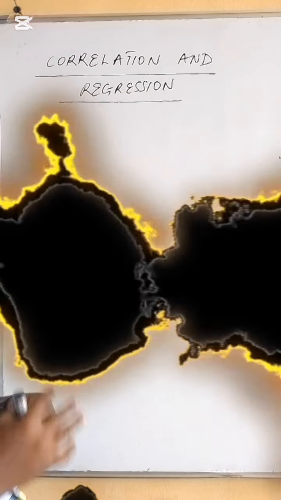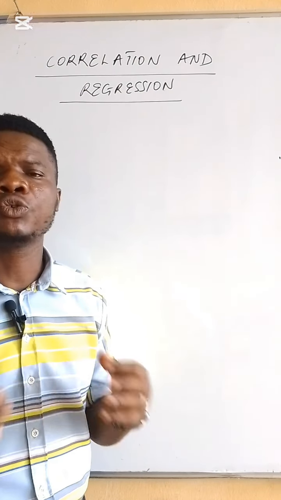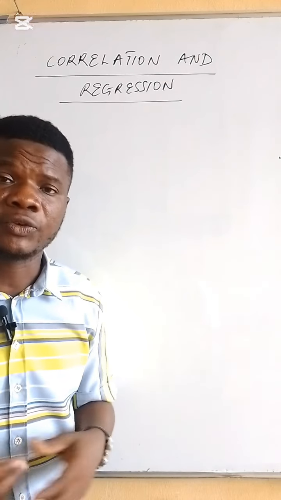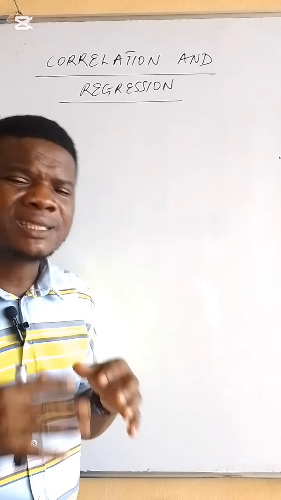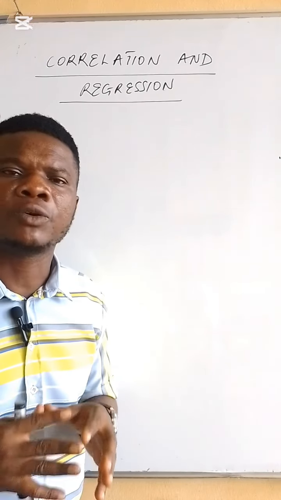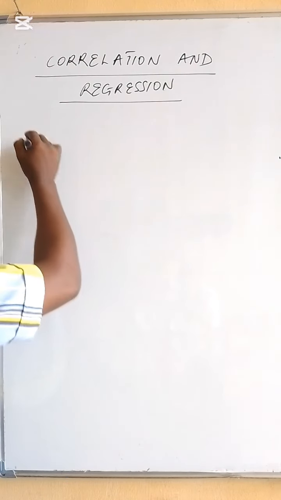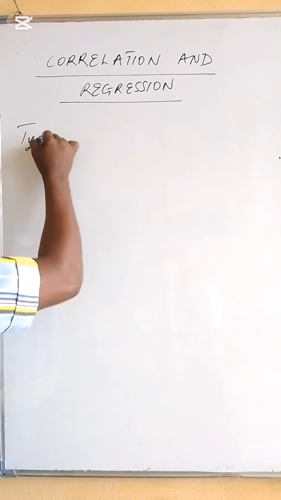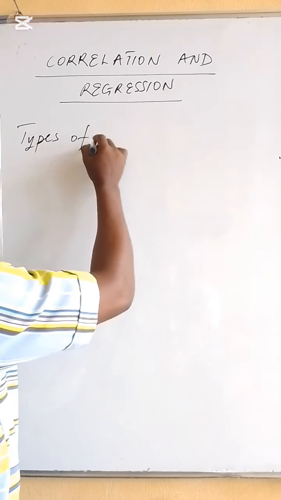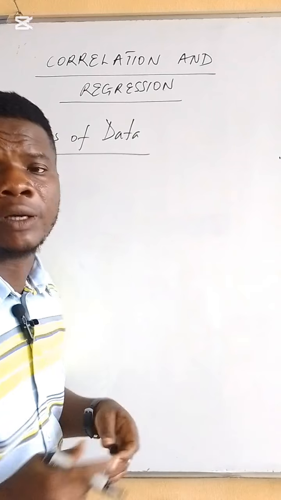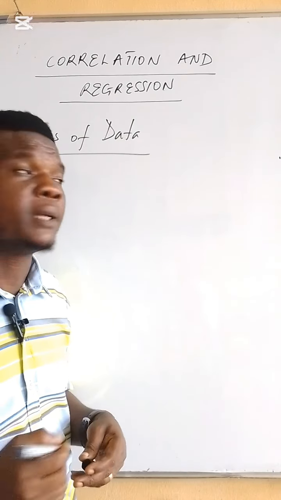Now, having said that about the difference between these two concepts, that of correlation and regression, let's now focus on what I'll be calling categories or types of data. This is very important in our discussions on correlation and regression. Why?